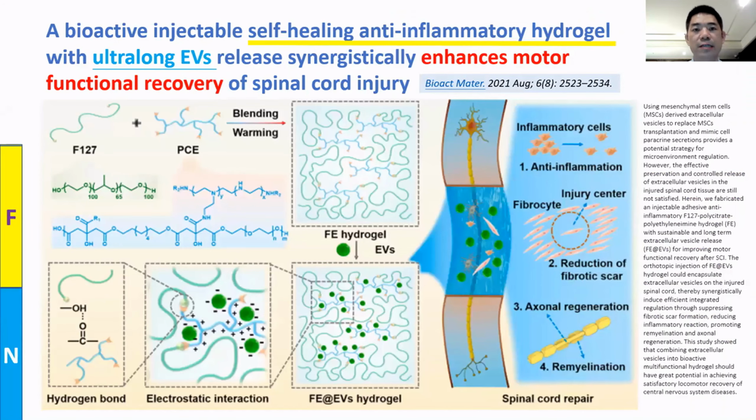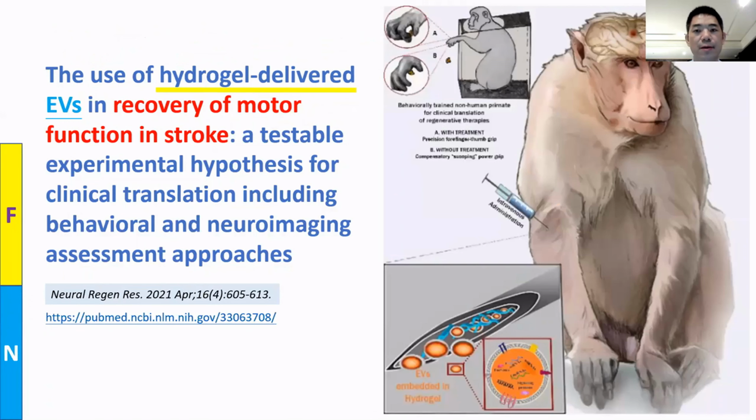And this is another example showing the self-healing anti-inflammatory hydrogels together with ultralong extracellular vesicles, and combined, they synergistically enhance motor function recovery of spinal cord injury. And for stroke, this is a very good study showing that hydrogel-delivered extracellular vesicles, which combine both scaffold and biosignals, help the recovery of motor function after stroke.